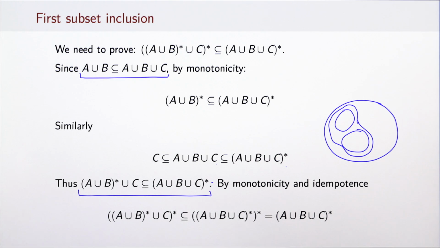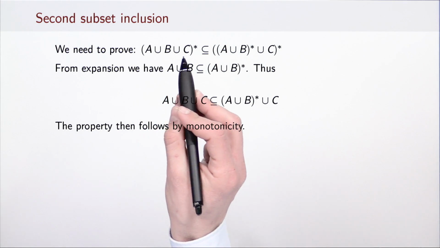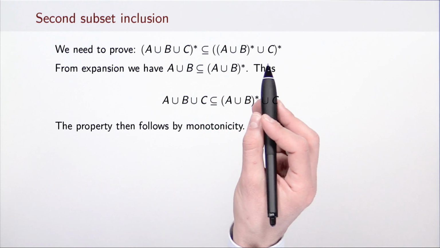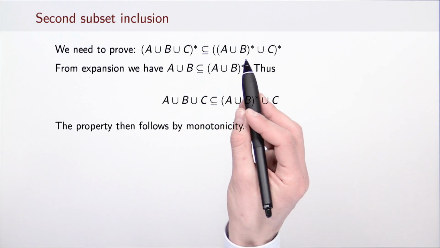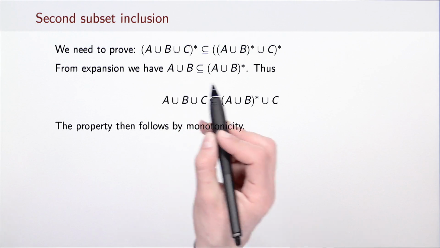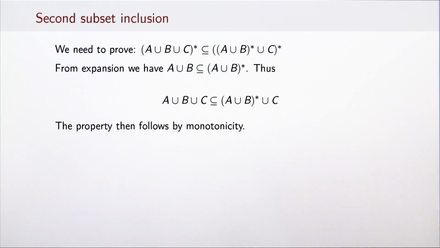Let's now show the other side. This is even easier. We want to show that A union B union C everything star is included in an expression where we have somehow additionally applied star to A union B. Intuitively, that should be an even bigger set and everything is monotonic. And indeed, A union B is a subset of A union B star because star makes things bigger.